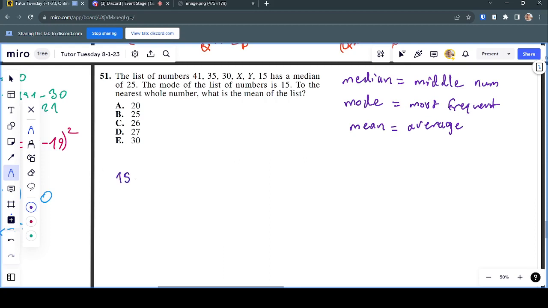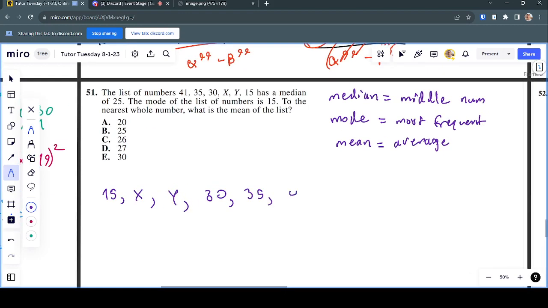We have 15, x, y, 30, 35, and 41. I know that there has to be at least one other 15 because that's what the mode is. That's the most frequent number. So I'm going to say 15, 15, y, 30, 35, 41.